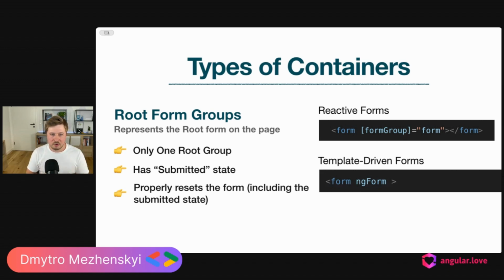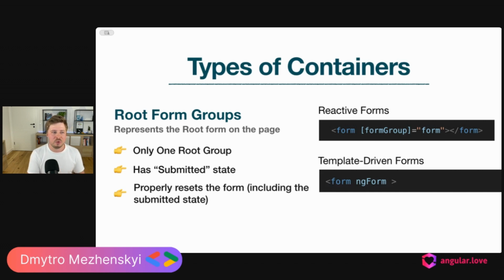In reactive forms, we use the form group for that, and for template-driven forms, again, ngForm. And what special features does this type of group directive have? Well, they actually have the submitted state. Yes, they understand when the form is submitted.